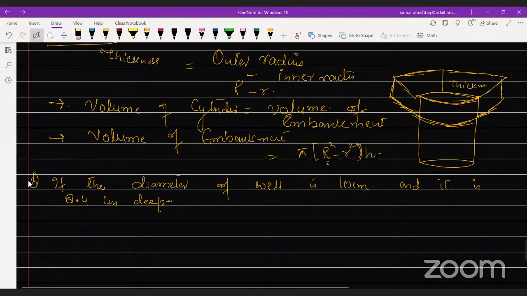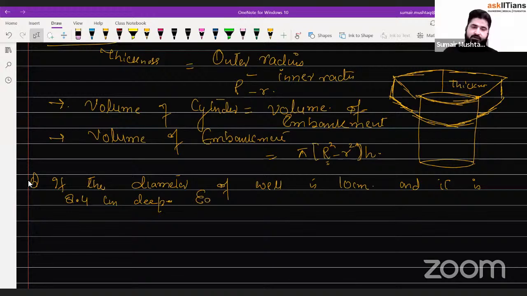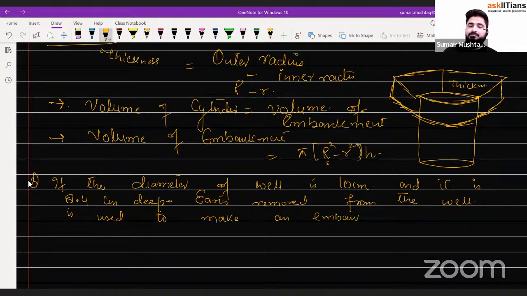Height is 8.4. Earth removed from the well is used to make an embankment around it. That means I have to make an embankment around it. Is that okay?